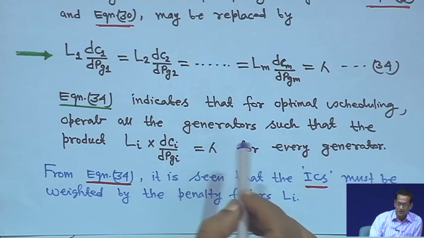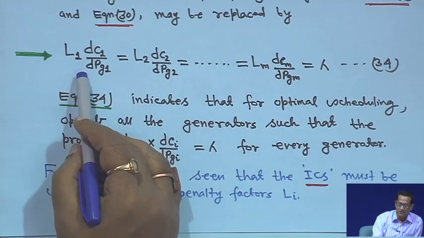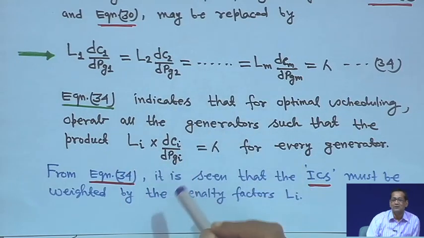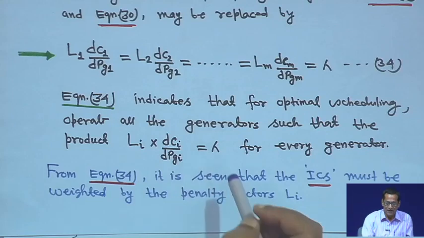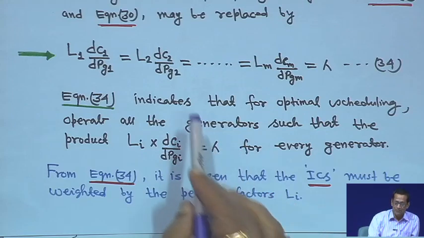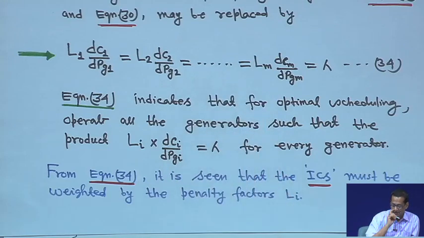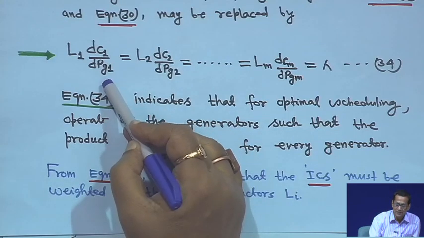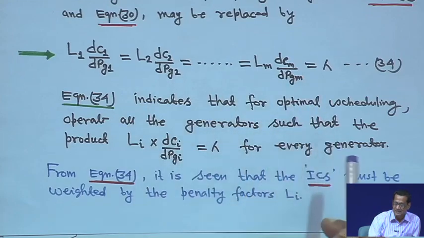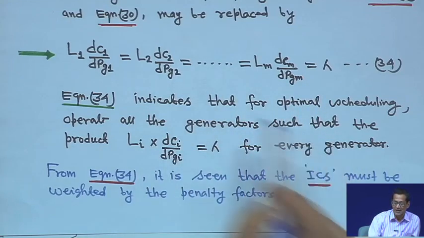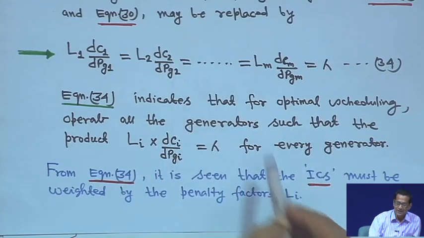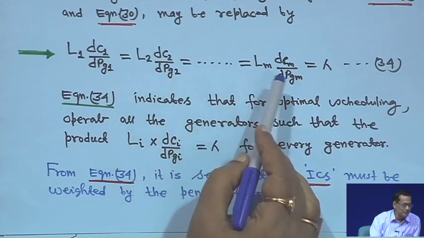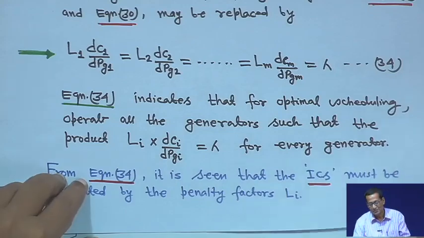But as soon as you consider the loss, L1 is 1, but L2 to Lm you have to calculate from the loss formula and its derivative. So these dC1/dPg1, dC2/dPg2 are incremental costs, and they are weighted by their penalty factors Li, that is L2 up to Lm. So this is the condition.